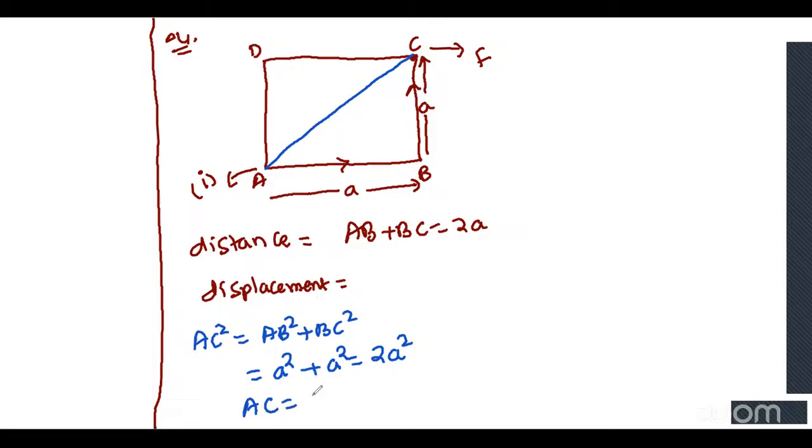So AC equals root 2 a. So displacement will be root 2 a. Okay, fine.